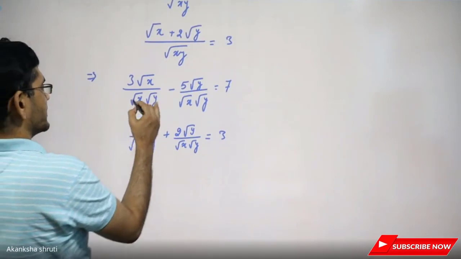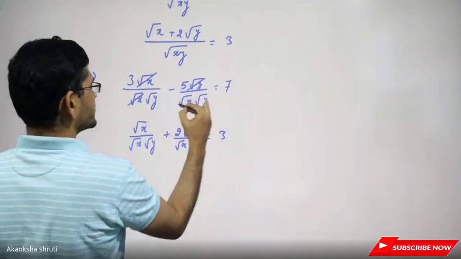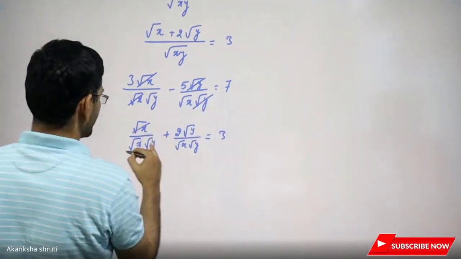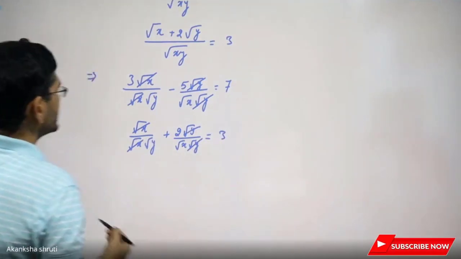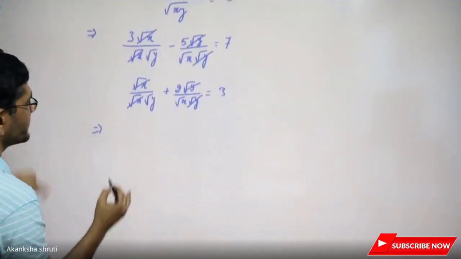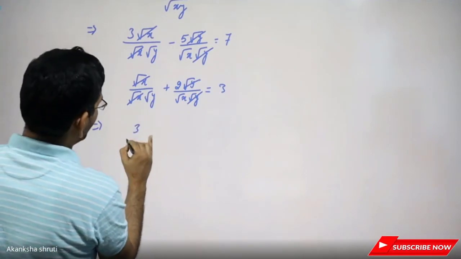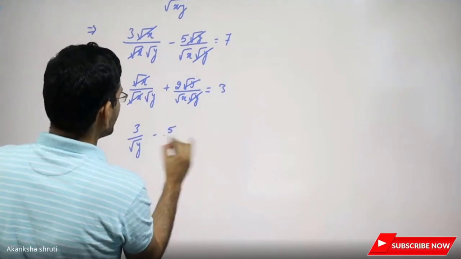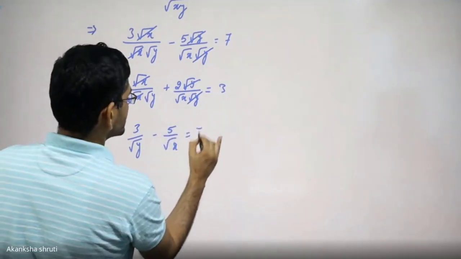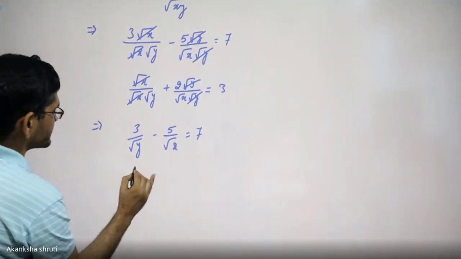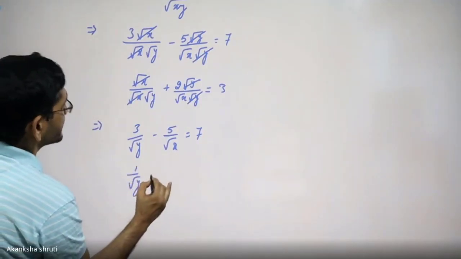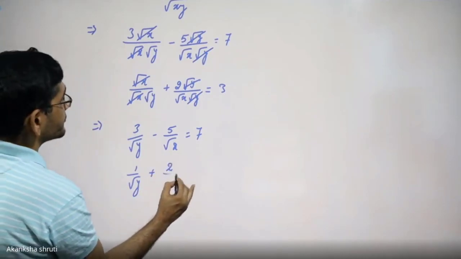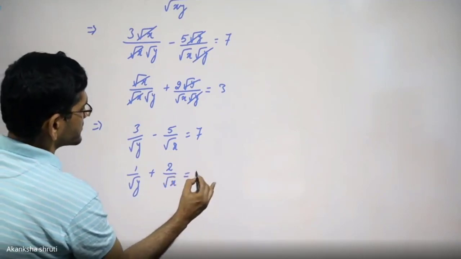Students, here root x can be cancelled, root y and root y can be cancelled. The equation become very simple. It is like 3 by root y minus 5 by root of x is equals to 7, and the second equation gives 1 by under root of y plus 2 by under root of x is equals to 3.